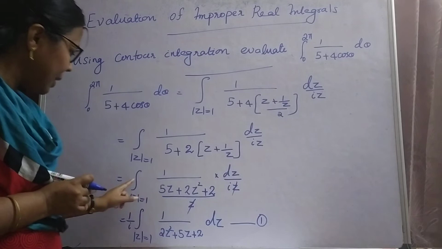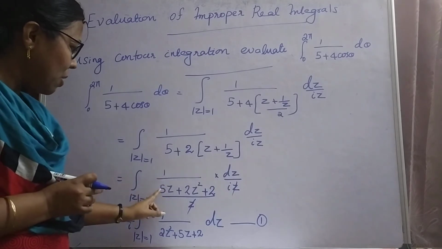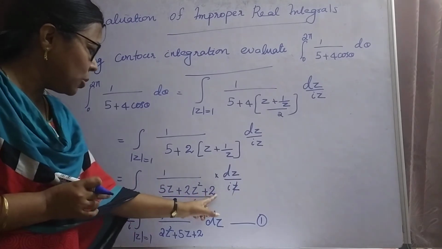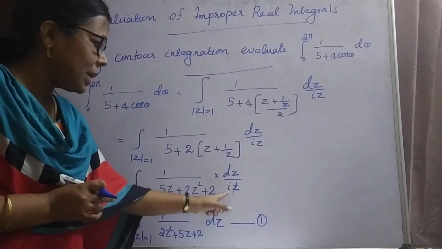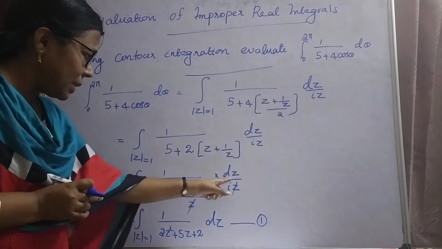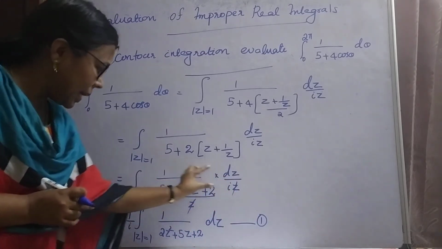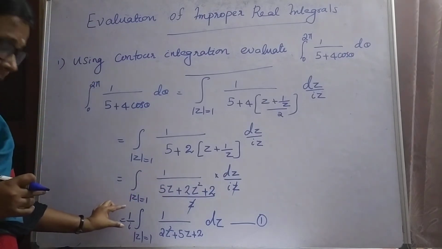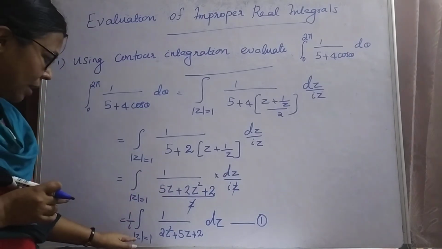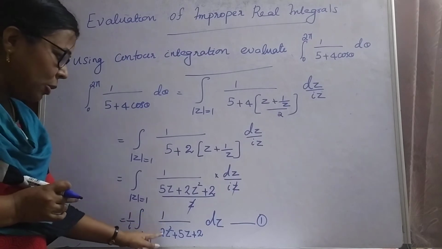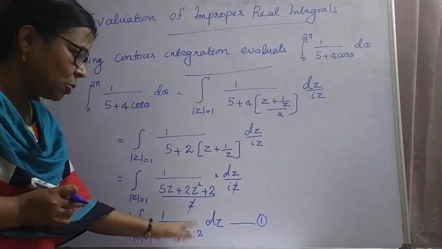Hence we get integral over mod z equal to 1 of 1 by 5z plus 2z square by z, into dz by iz. Here z will get cancelled. This 1 by i will be taken outside. Hence we get 1 by i integral over mod z equal to 1 of 1 by 2z square plus 5z plus 2 dz.